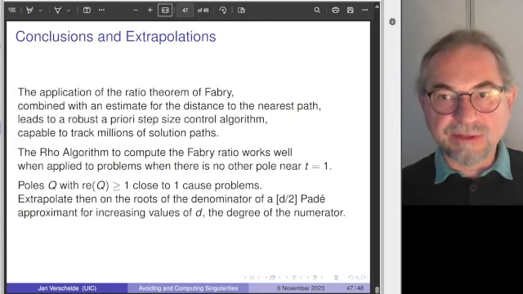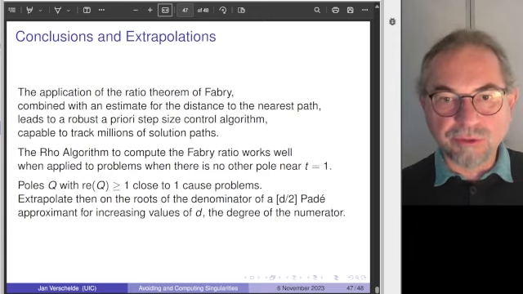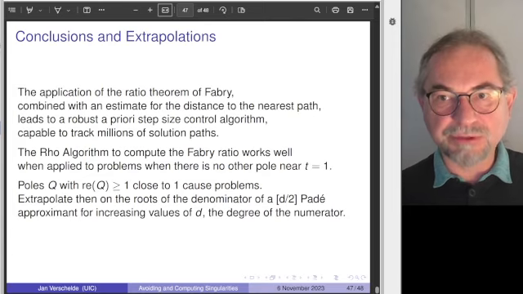That is still ongoing work. One could construct Padé approximants with quadratic denominators of increasing degrees of the numerators and extrapolate on the roots of those. These experiments are still ongoing.